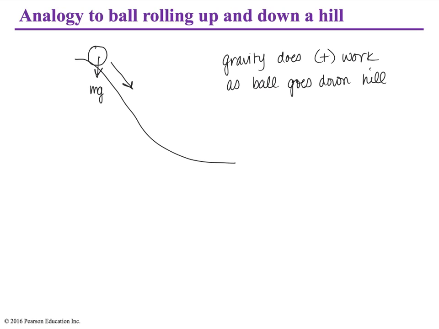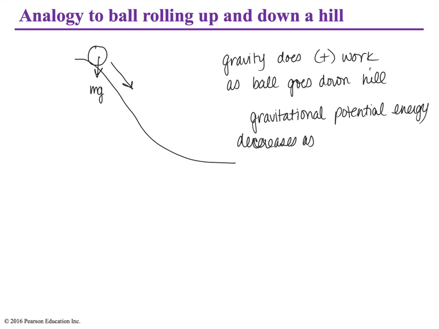And this results in the gravitational potential energy that decreases as this happens. So the work done by gravity is positive, but the change in potential energy is negative.